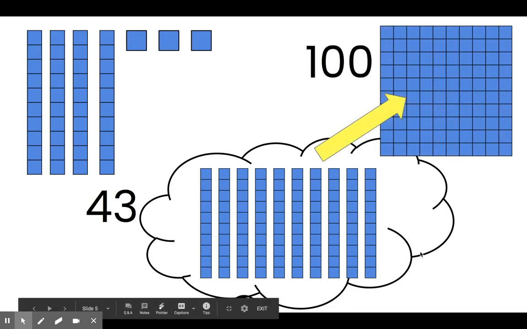That's what we can trade 10 tens for, 100. Here we have 100. We represent it with the digits 100. That's the number 100. What do we have now if we add 1? That's right, we have the number 101.